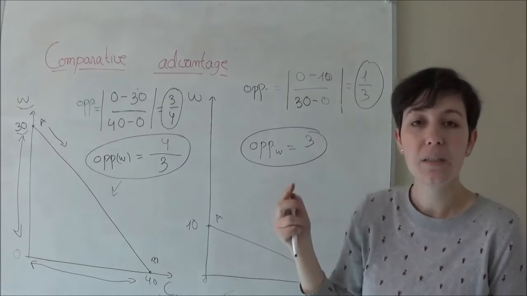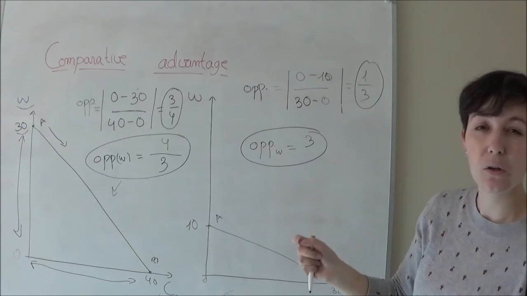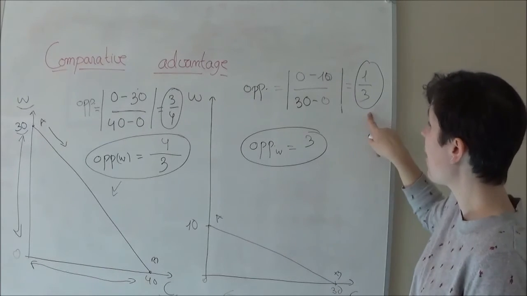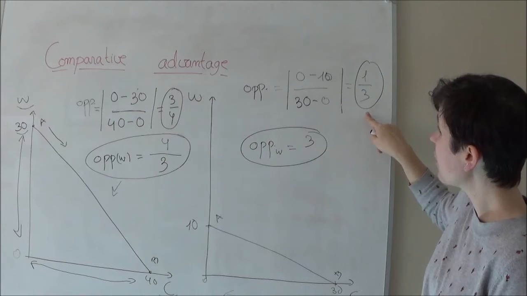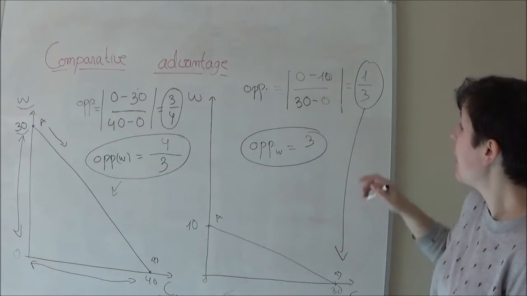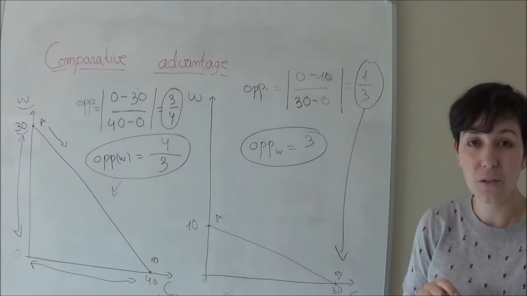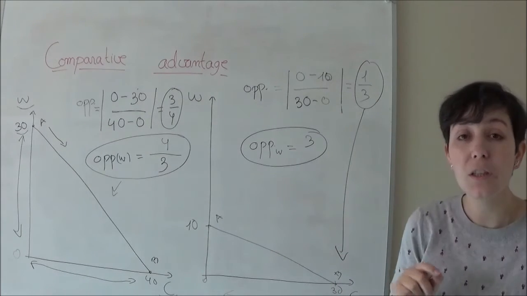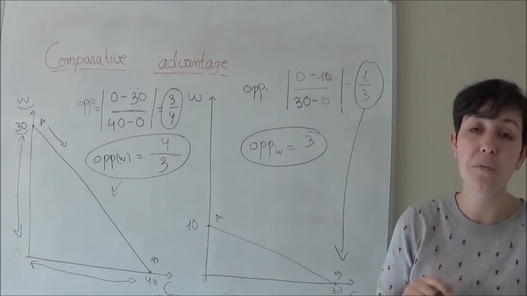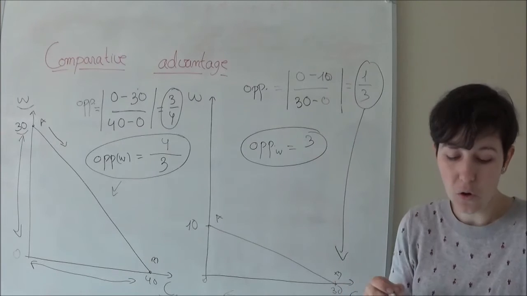Which economy is the one that has the lower opportunity cost in the production of cheese? This economy. So this economy is the one that is going to produce cheese. It's the one that has a comparative advantage in the production of cheese, given the fact that the opportunity cost of producing 1 unit more of cheese here is smaller than in the other economy.